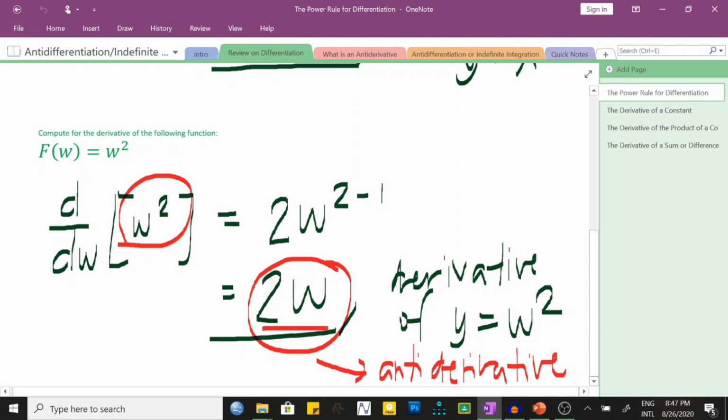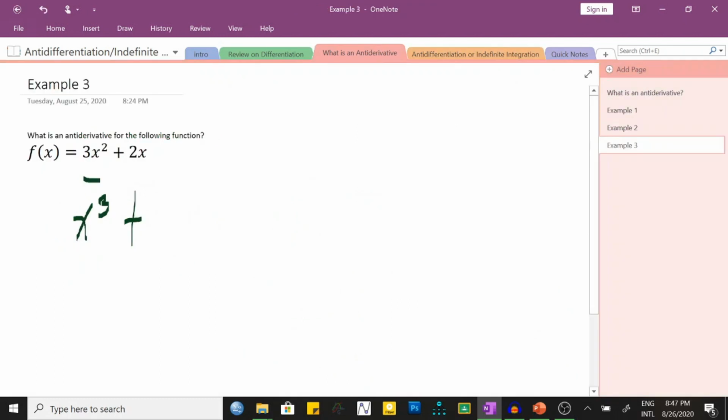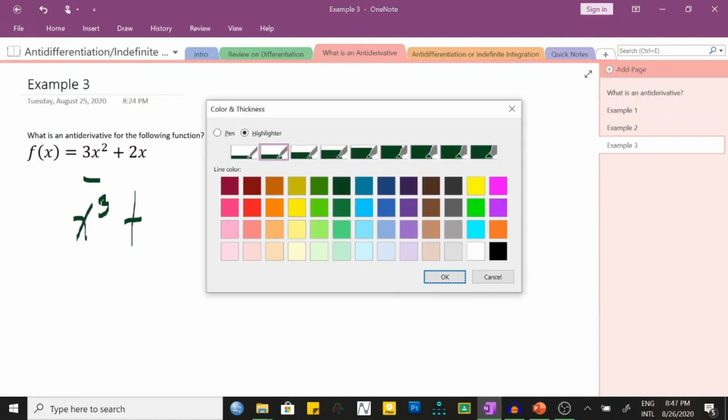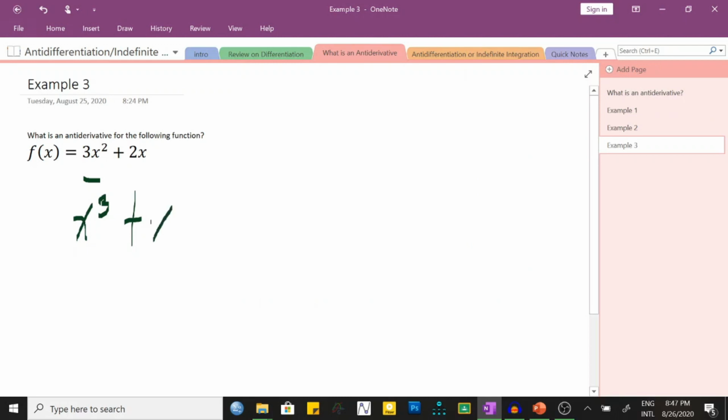So that means also that the antiderivative for 2w is w squared. If we just change the variable into x, then an antiderivative for 2w or 2x is x squared. So this is an antiderivative.